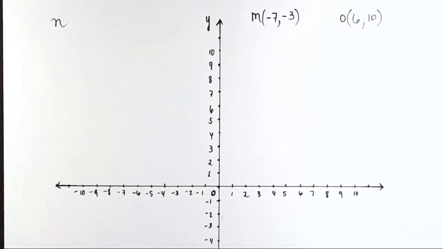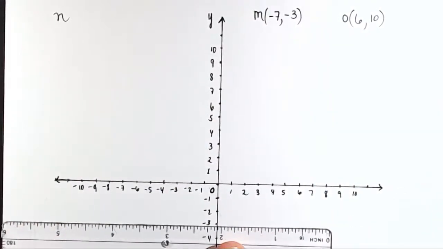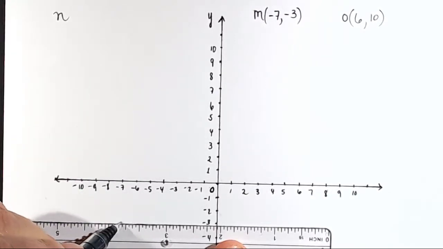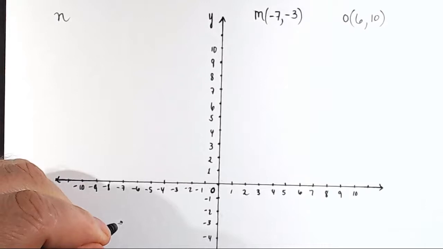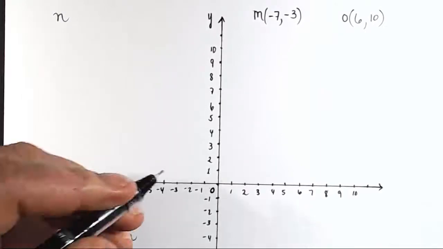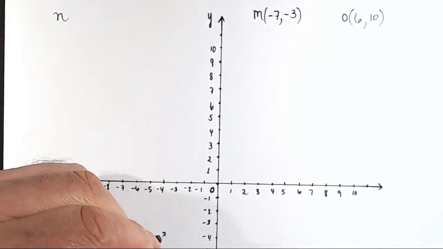Let's plot those points. Where are we at here? -7 on the x, comma, -3 on the y. So we go over to -7 on the x and down to -3 on the y and put a dot. Okay, and that dot is going to be point M. And those coordinates again are -7, comma, -3.